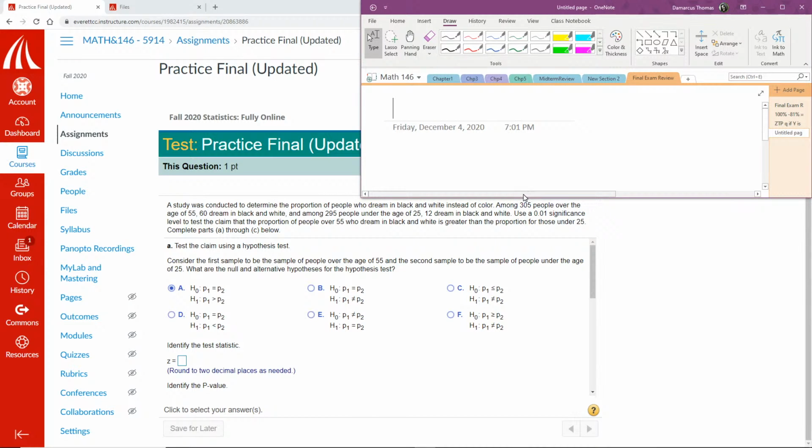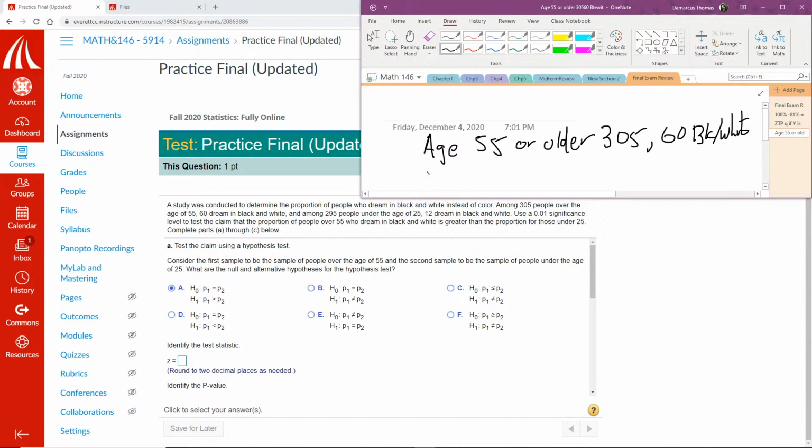305 people. So we have age 55 or older, 305, 60 black and white.